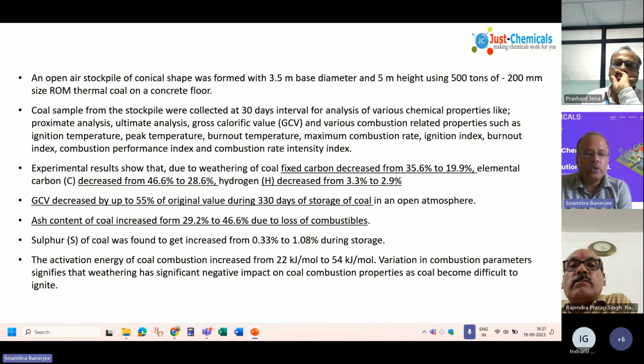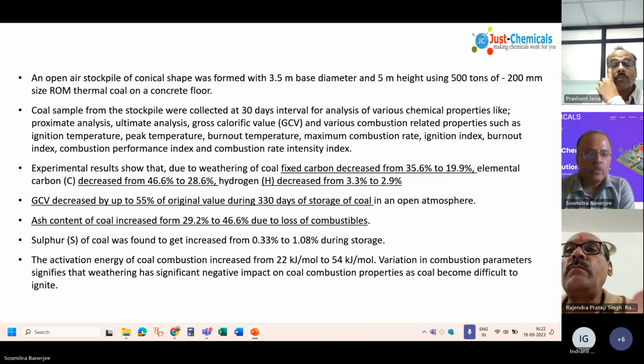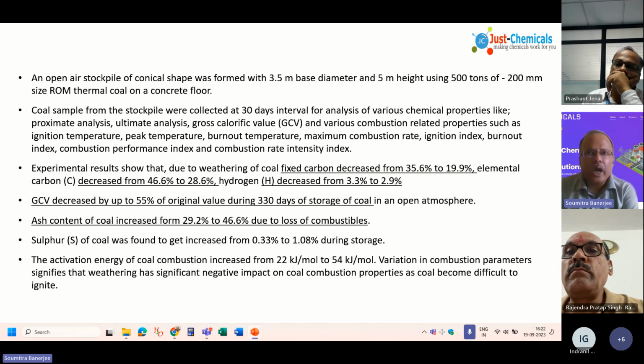And as soon as I lost weight of the coal, if the coal has become 0.7 kg, that 0.29 kg has become a higher percentage, 46.6%. Similarly, the sulfur of the coal has also increased, and that will increase your sulfur dioxide emission as well. The activation energy required for coal combustion increased from 22 kilojoules per mole to 54 kilojoules per mole, meaning the activation energy required to start the combustion of that fuel has increased.